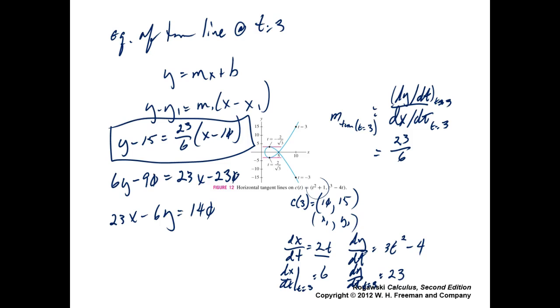It looks a little better than that one, but that one says point-slope form, fine. Leave it alone. The B part says, the points where the tangent is horizontal. Now, what's true about a horizontal tangent?